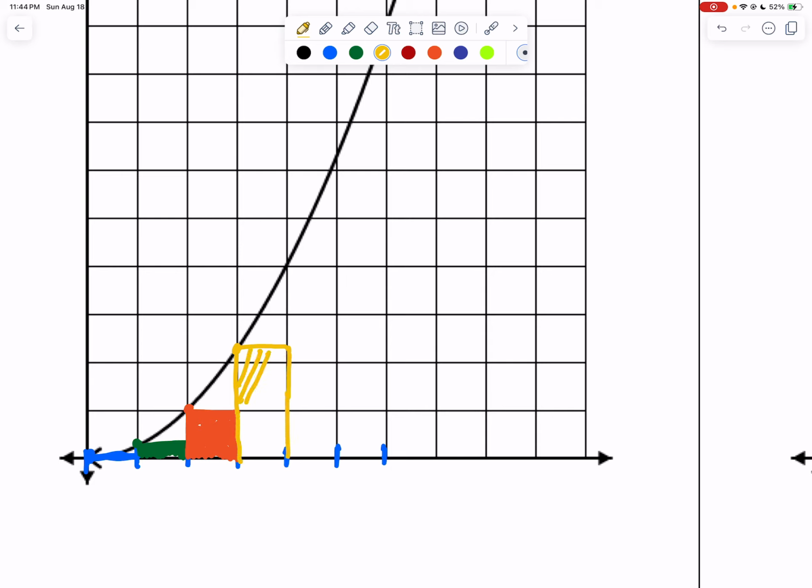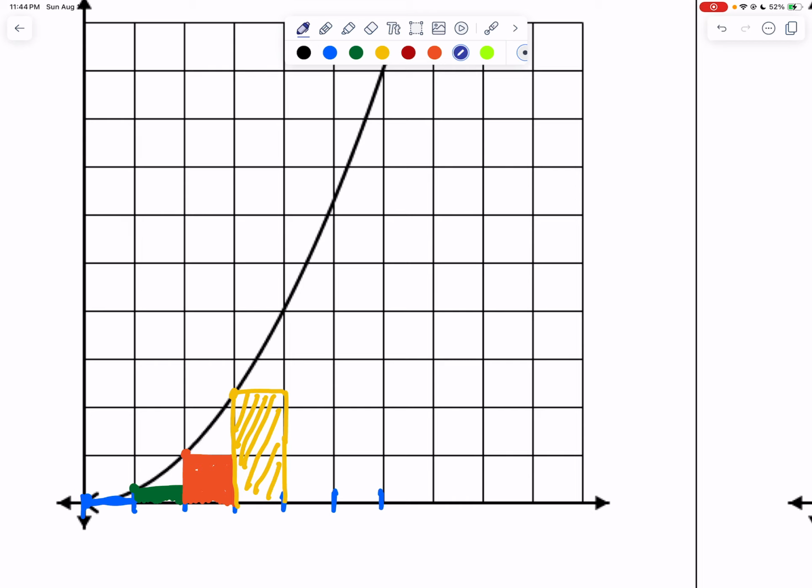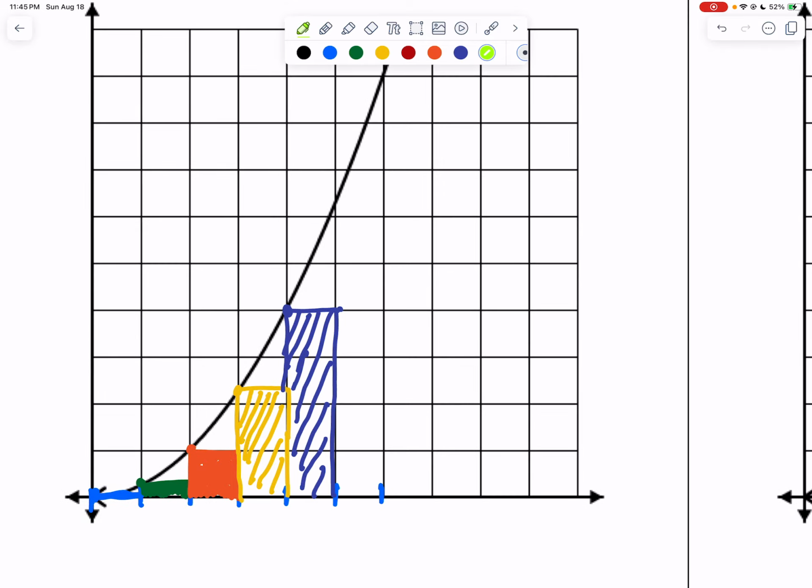In this case, this is my fourth rectangle. My fifth rectangle, move it to the right. And then, like I said, I want 6 rectangles. So I'm going to go from the y value at x is equal to 5 and just move it to the right.